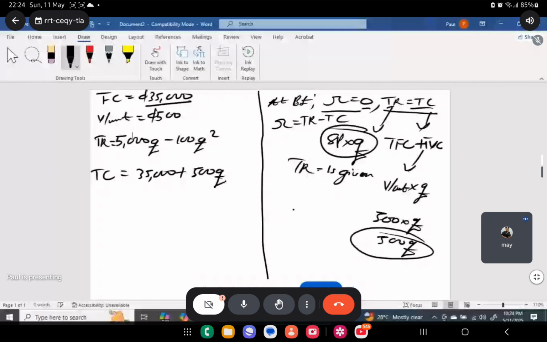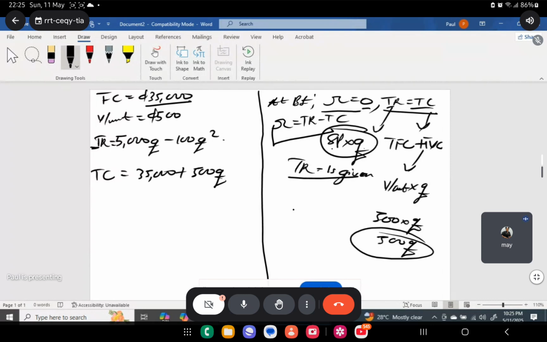So we would come back to that. But I'm saying that our total revenue is equal to our selling price times quantity. However, the total revenue function has been given as this: 5,000 kilo minus 100 kilo squared. So that's it.